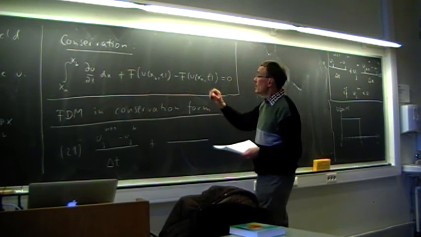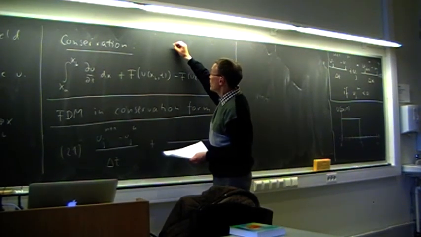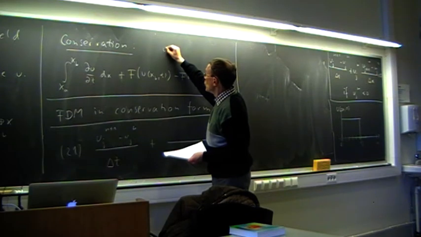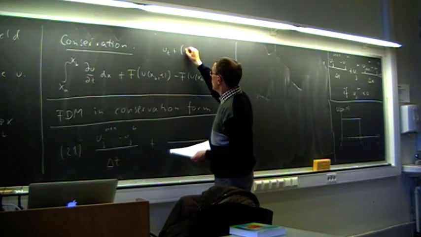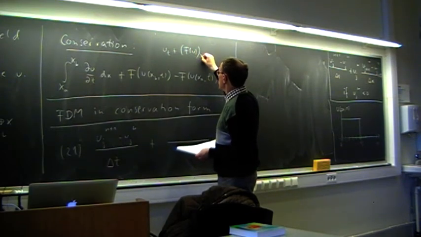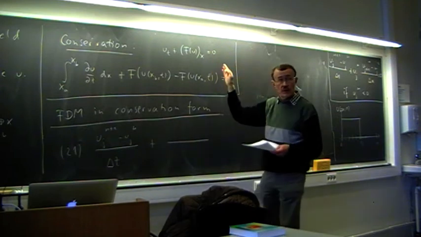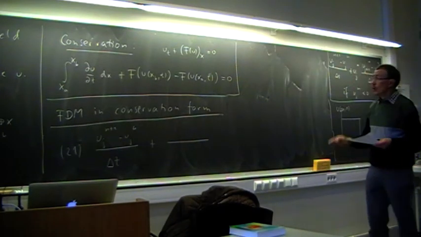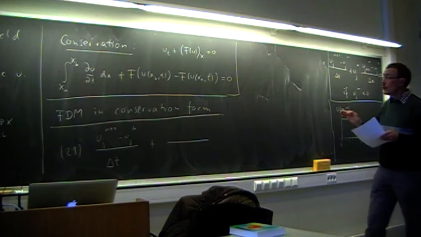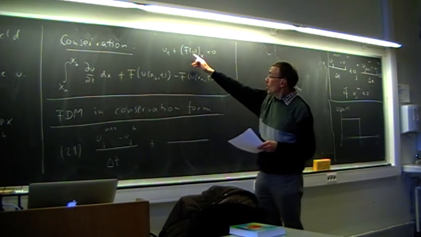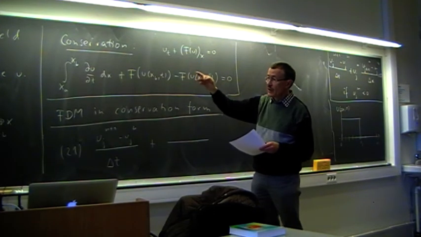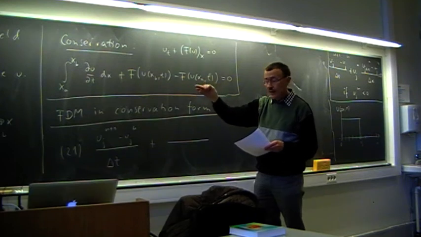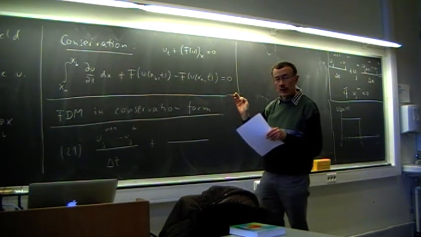Remember, what we are discretizing for the conservation law is ut plus f of u x equal to 0. That is the general discussion for the conservation law. So we do the discretization of this flux function by taking it at the midpoint to the right minus the midpoint to the left.